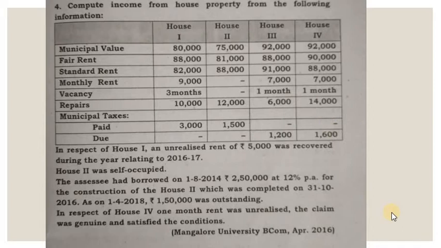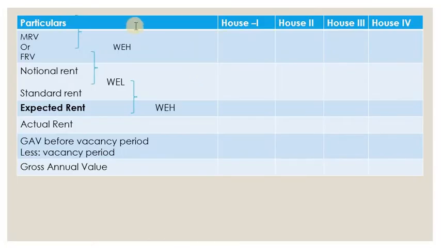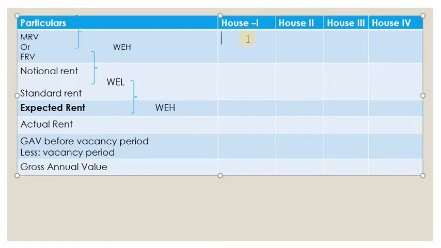Now let us work out this problem. Let us calculate the gross annual value together. Then we will separate the houses, or we will have a separate calculation. I have already drawn the columns: particulars, house 1, house 2, house 3, house 4. Here, municipal rental valuation and fair rental valuation, so we have to compare the two values. Municipal value is given for all the houses.